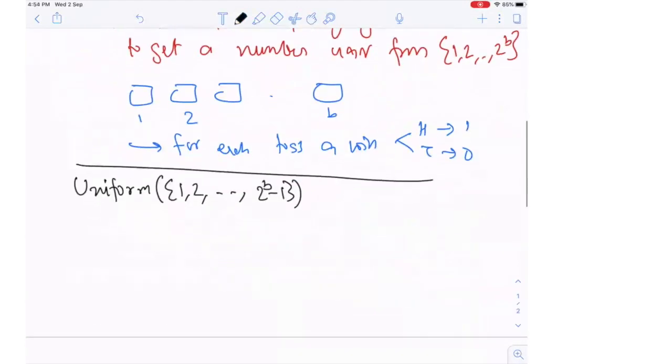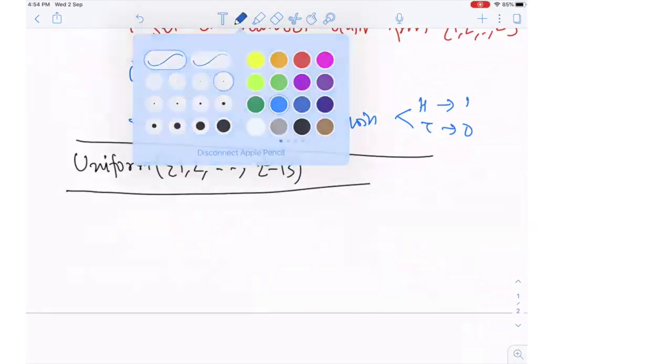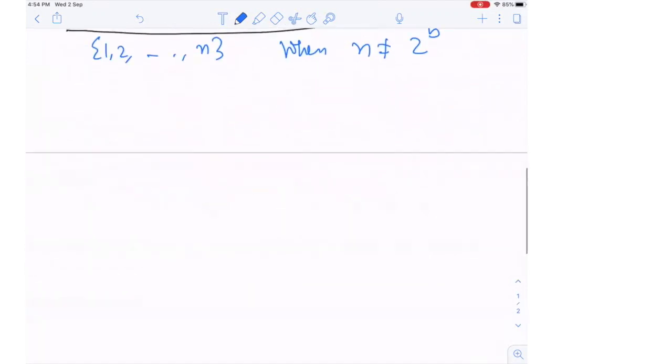And the question which I asked last time was, how do we sample from 1 to n, where n may not be equal to 2 power b? So I'm going to give you an algorithm and its analysis today.